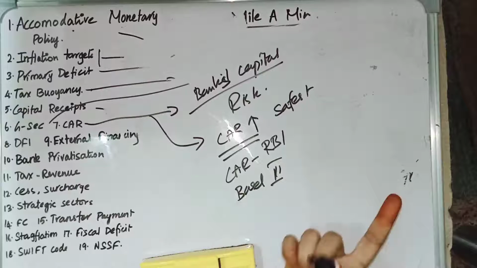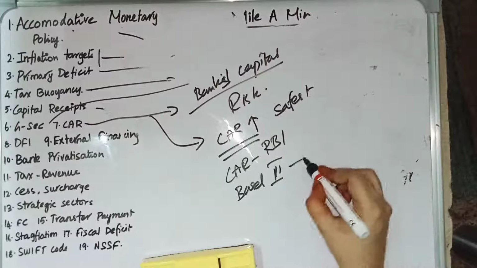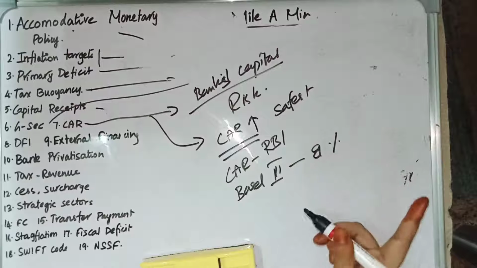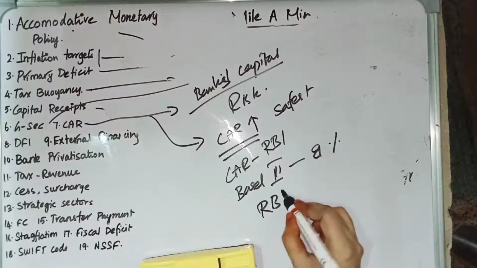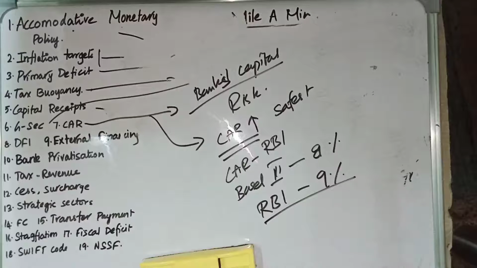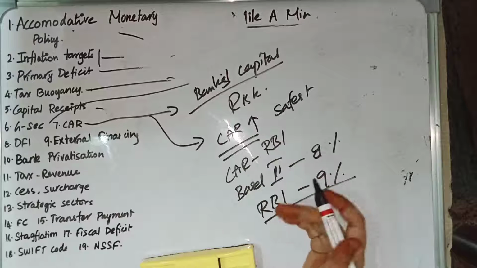The Basel III norms suggested capital adequacy ratio to be 8%, but the RBI fixed it at 9%. So in India, currently the capital adequacy ratio to be maintained is 9%.